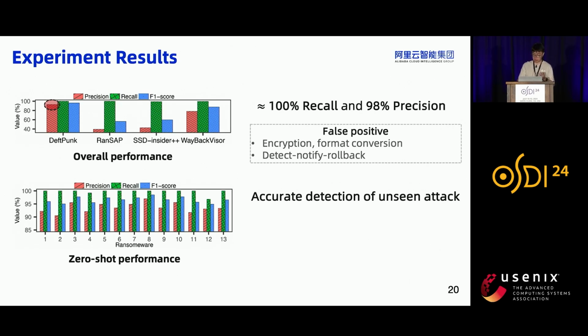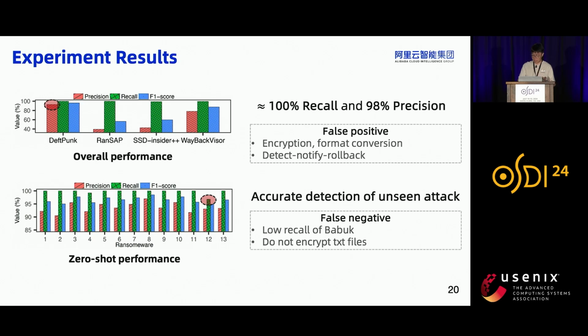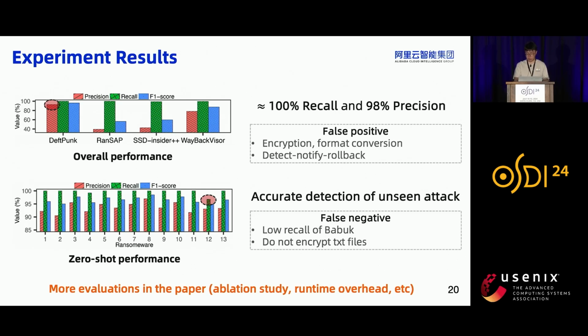It is glad to see that we are still able to detect the virus, and the results show high recall across all families, except one case, ransomware number 12, because that ransomware does not encrypt text files, and the trace we built happens to contain much of this type of data. You can read our paper for more evaluations.